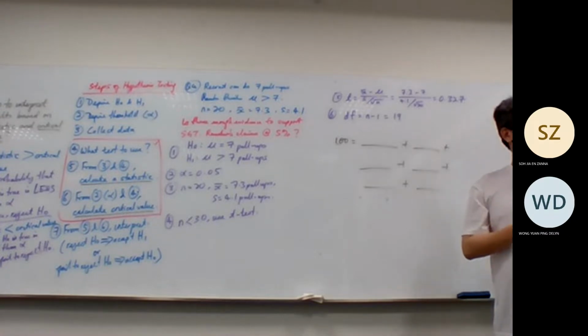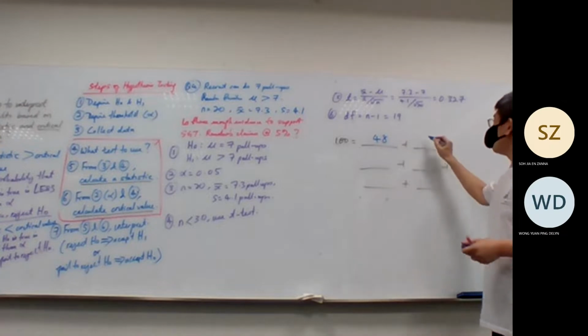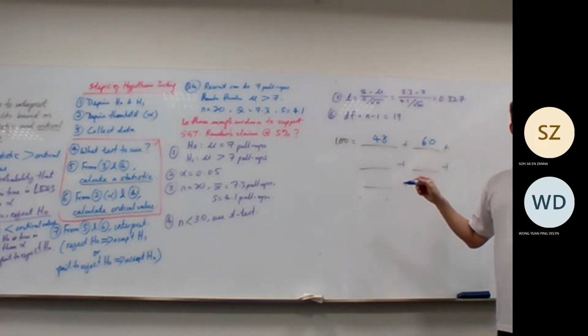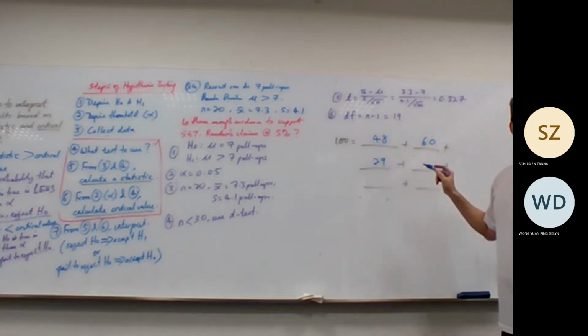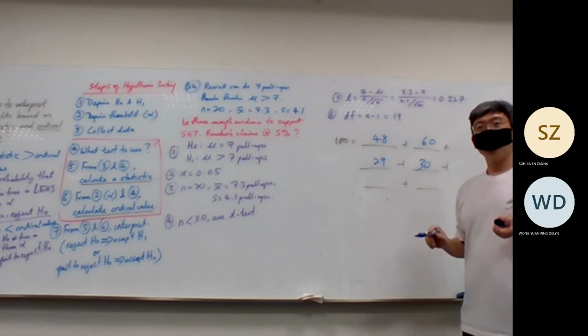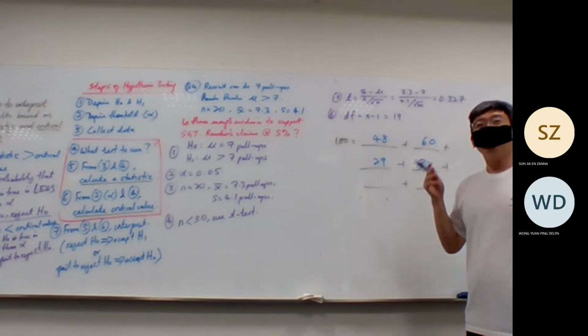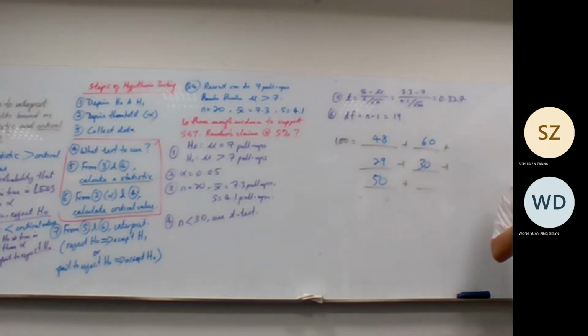You? 48. Next. 60. Next. 29. You, Ethan? 30. Andrea? Louder. 50. Last one. What's the last number?